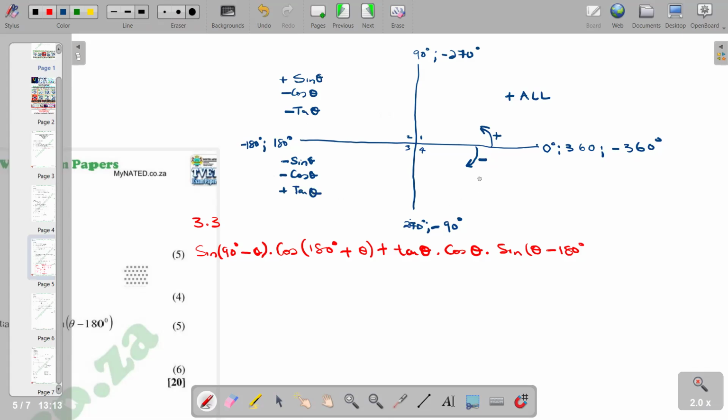Then in the last quadrant, the fourth quadrant, sine theta is negative, cos theta is positive, then tan theta is negative. So with this diagram, we can simplify this.